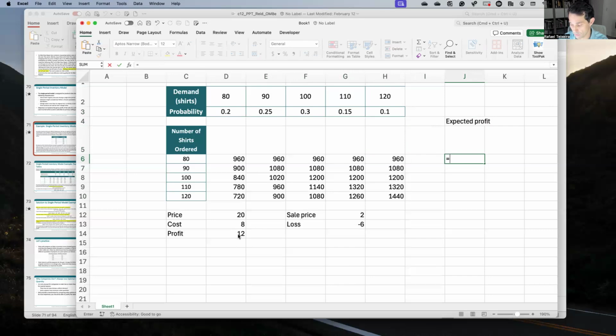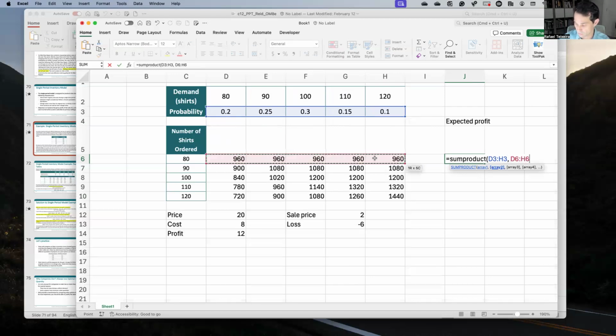It's like this: equal sum product, open parentheses. Then I have to select the arrays I want to multiply and sum. So when I select this row and then type a comma, Excel is highlighting, I have to select the other row, and then close parentheses.